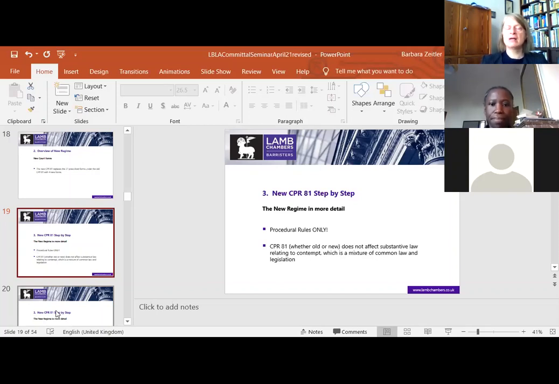What you read in CPR 81 is not the whole law relating to contempt proceedings, because these rules, and of course that also applied to the previous, the old rules under CPR, they don't actually affect or modify the substantive law of contempt, which, as I've indicated on the slide, is a mixture of statute and the common law.